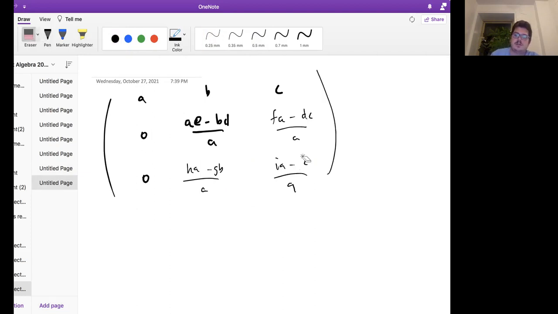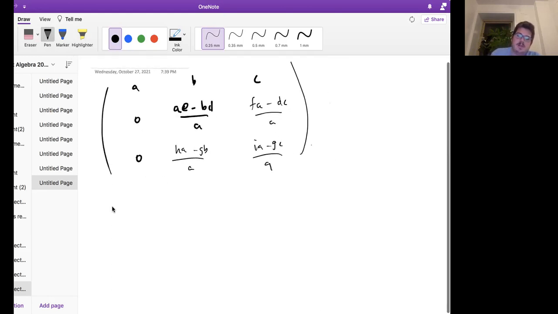So this has an inverse if AE minus BD, so what is the determinant?